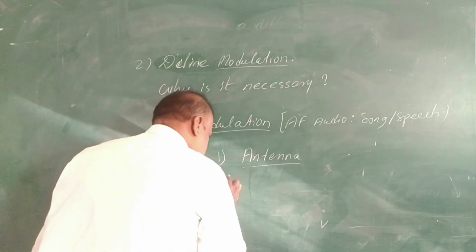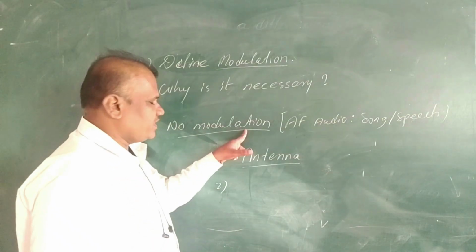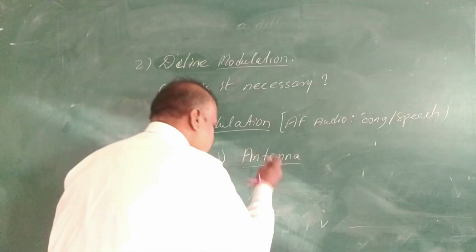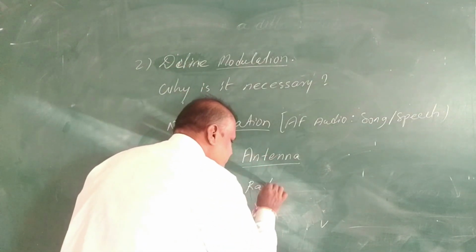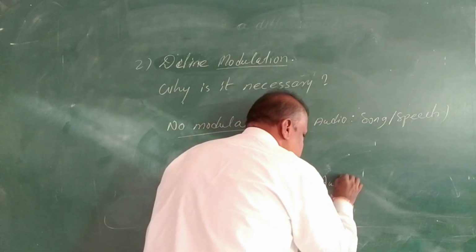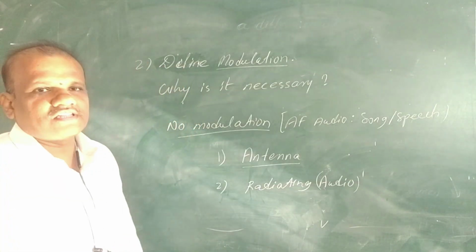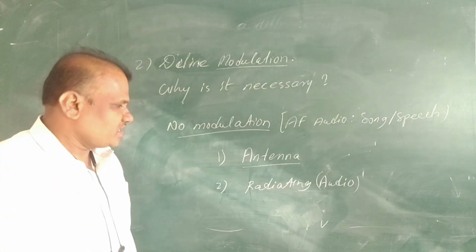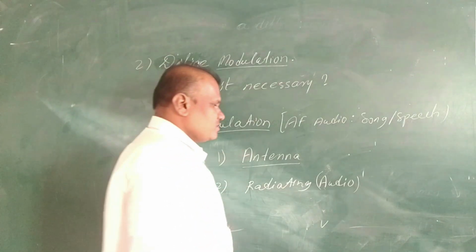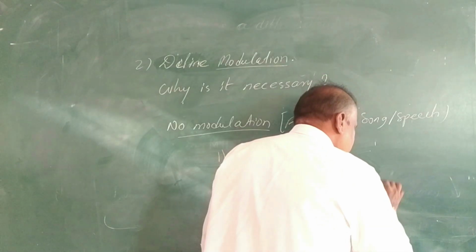Another one: if there is no modulation, you can send the audio signal into space by radiating it. But here also there is a problem, and the problem is the radiation power.